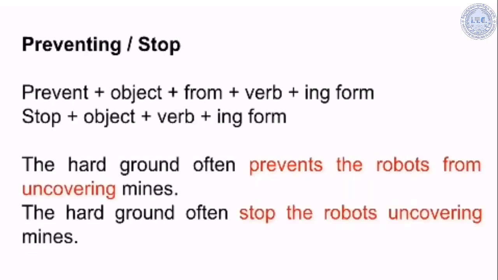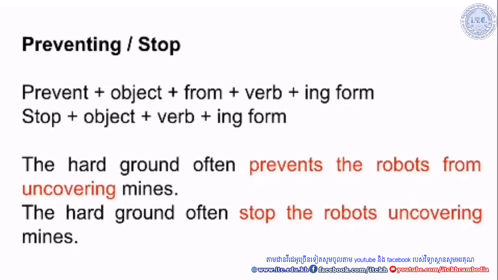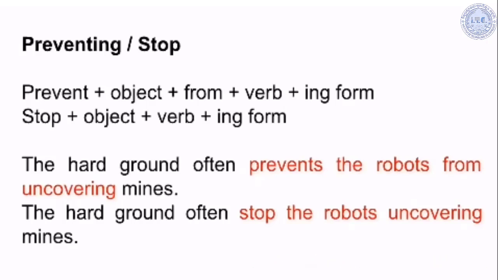Okay, prevent or stop. Prevent plus object plus from plus verb plus ing form. And then stop plus object plus verb plus ing form too. So let's go to the example together. The hard ground often prevents the robot from uncovering mines.